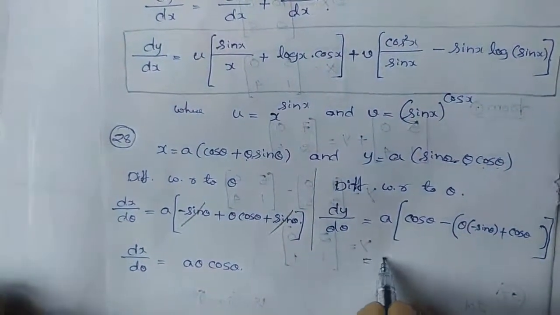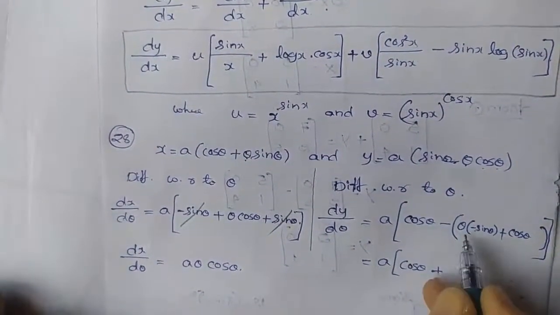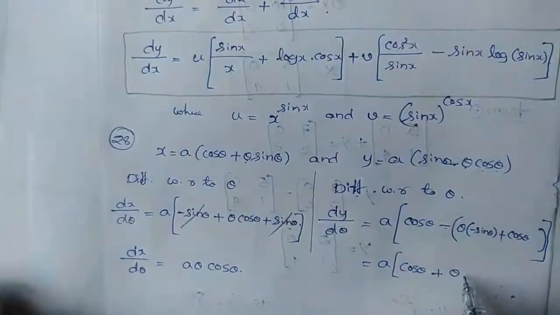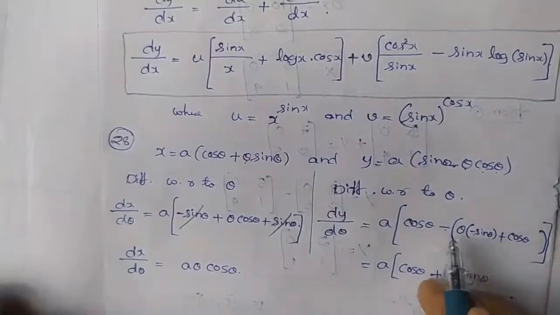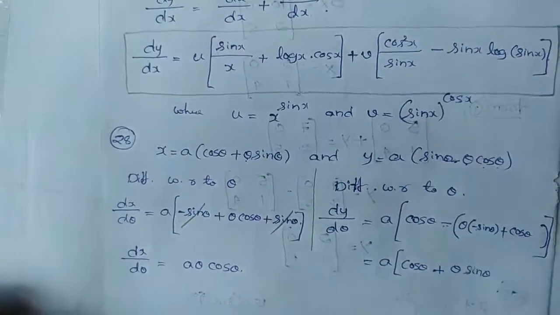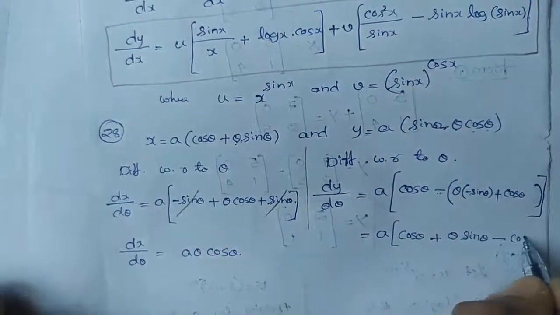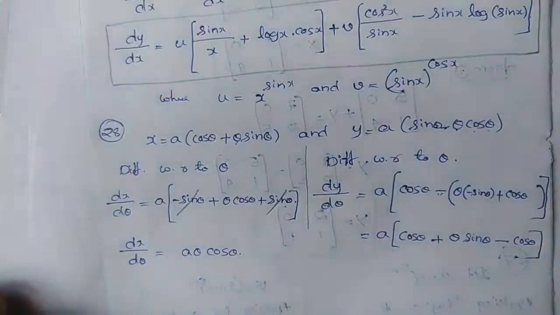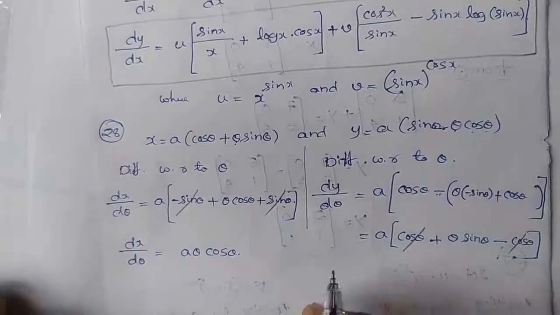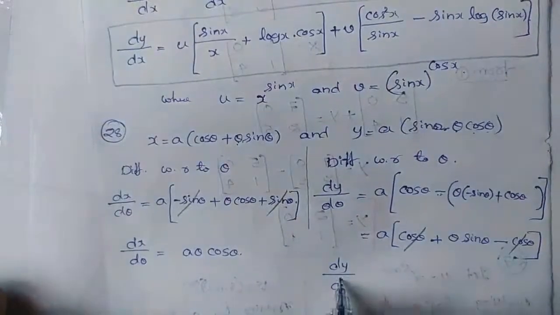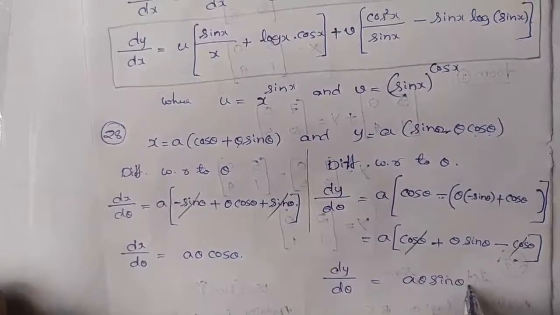Next, simplify it further: a into cos theta plus, minus into minus is plus, theta into sin theta. Next, applying minus inside the brackets, minus into plus is minus cos theta. Cos theta and this minus cos theta will get cancelled. So dy by d theta we will get a theta sin theta.